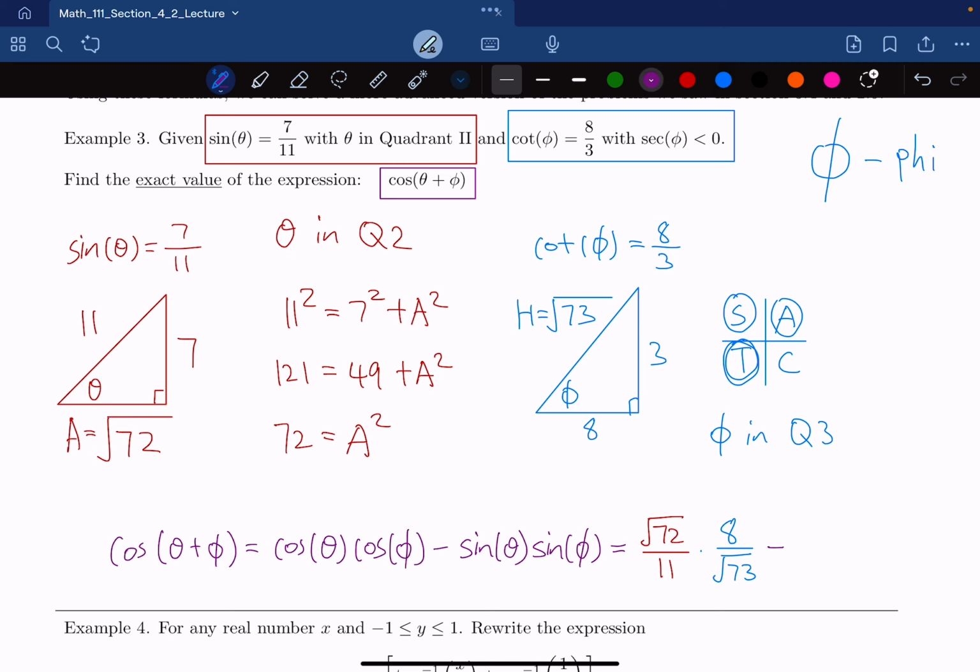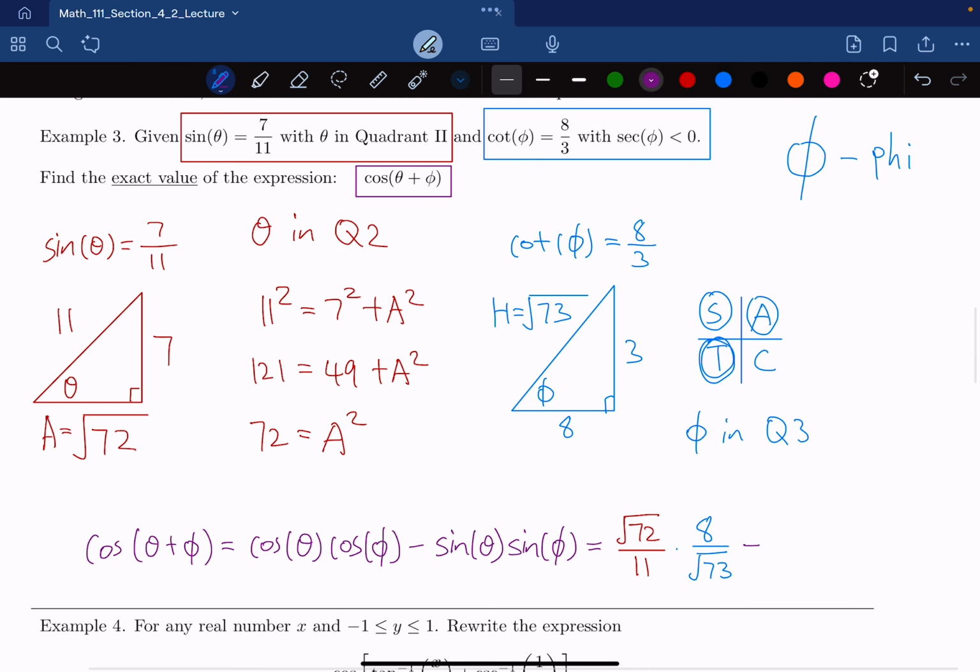And then we play the same game for the sine. So sine theta, because I'm using theta, I'm using the triangle on the left. So sine is 7 over 11. And sine of phi is going to be 3 over radical 73.